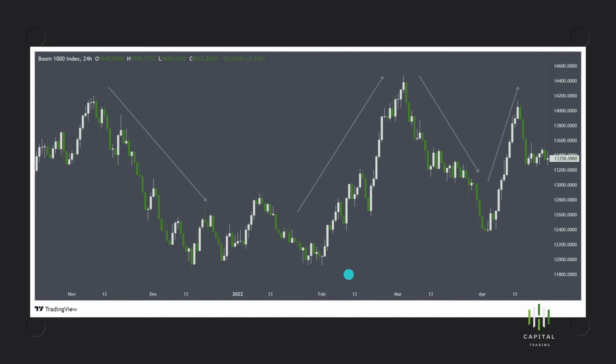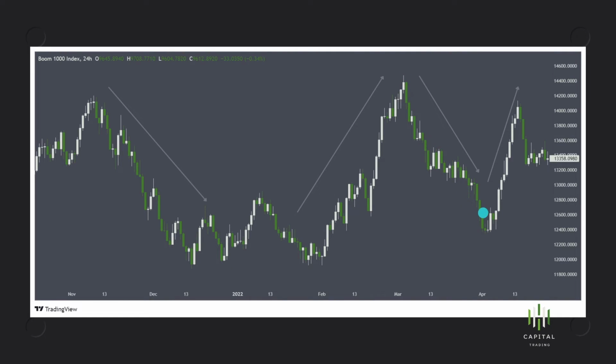So it was best to go for longs or buy Boom 1000 on this day, and then on these days, right? And then from mid-March until April, Boom 1000 started dropping.